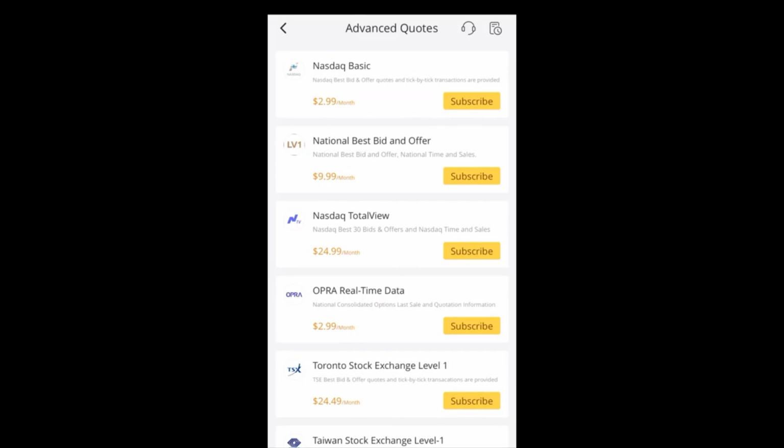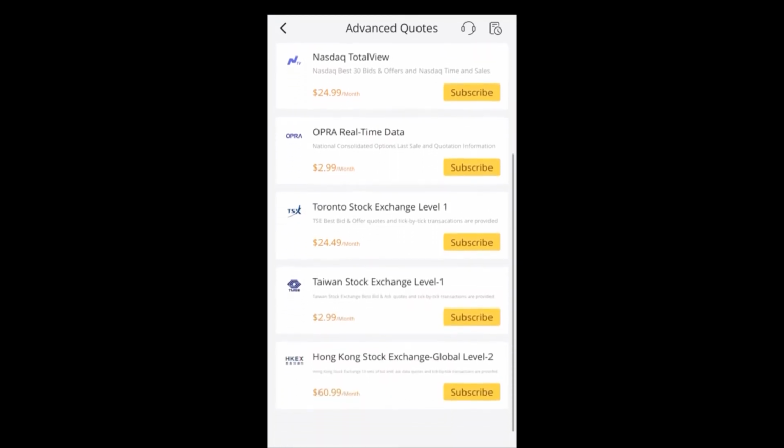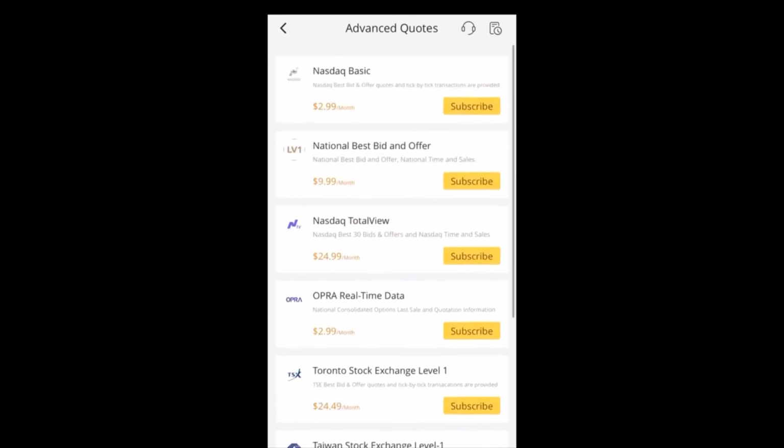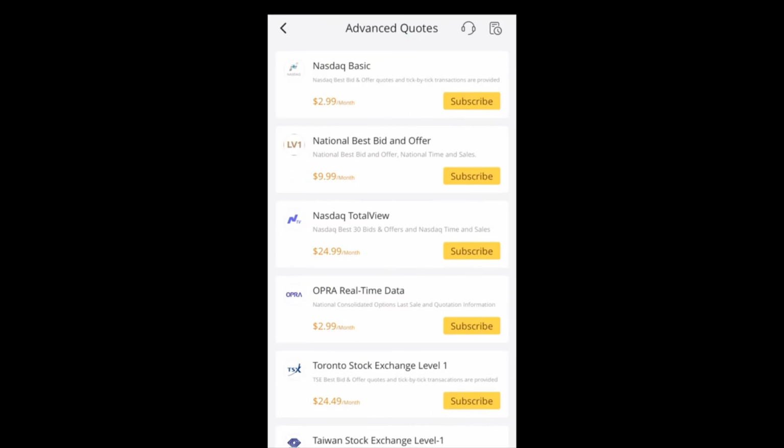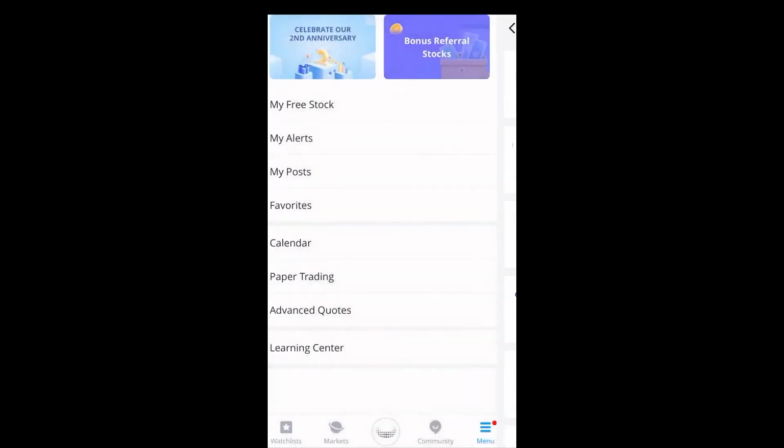So if you want this updated information, you can pay for it if you need that information, or you can just use the free section where the price quotes are delayed by 15 minutes, but it is free and you can view that information. This is where if you do want some extra information and you need this, if you're a day trader, you're a high frequency trader, then you may want this information. You may want it to be more accurate than a 15-minute delay.